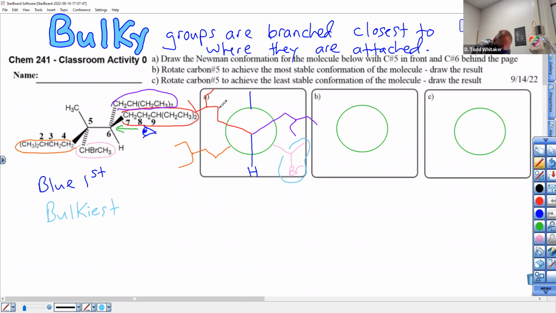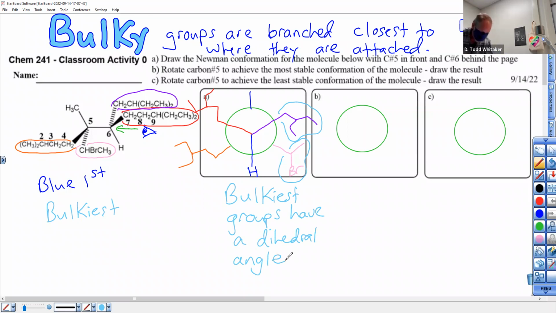So as it stands, our two bulky groups are how close to each other? Very. Pretty close, yes. Bulkiest groups have a dihedral angle, which is just a fancy way of saying, okay, we've got two tetrahedra, a front tetrahedron and a back tetrahedron.